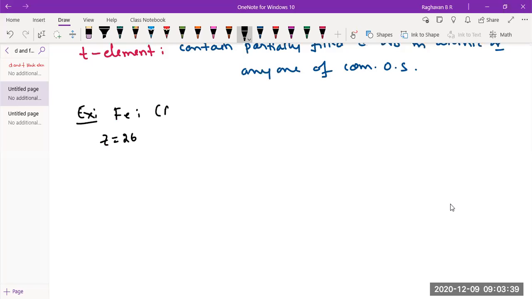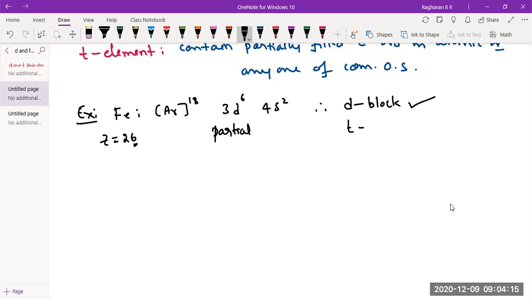Electronic configuration: argon 18, 3d6, 4s2. Is 3d6 partially filled or completely filled? Partially filled. That means the iron atom itself has a partially filled d orbital. Therefore, the last electron, the 26th electron, enters into the penultimate d, so it is d block. And it contains a partially filled d orbital, hence it is a transition element.